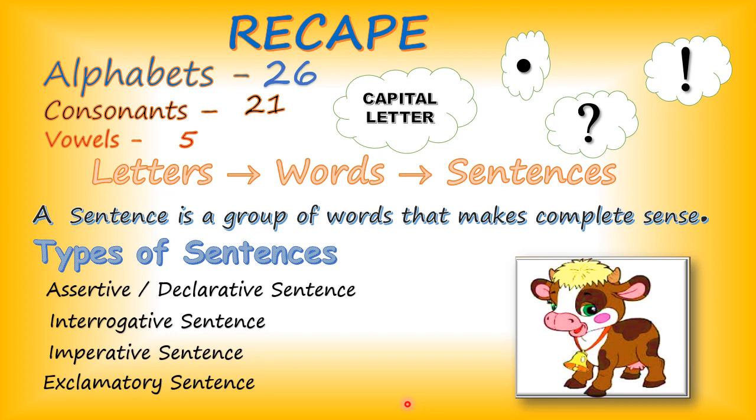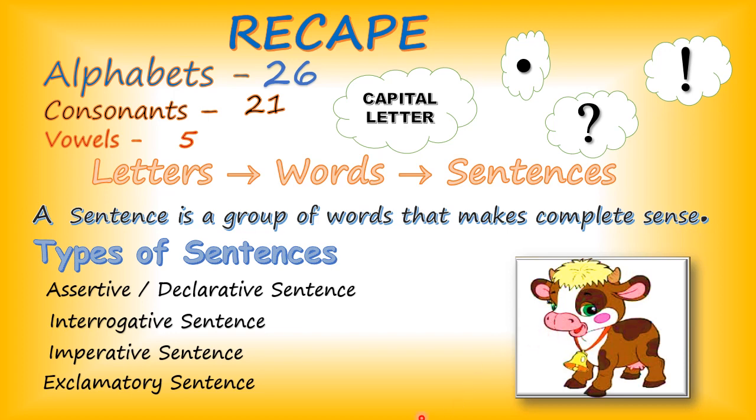Now, can you find one example of a sentence on your screen? Yes, here it is. A sentence is a group of words that makes complete sense. What kind of sentence is this? Assertive sentence. Yes.